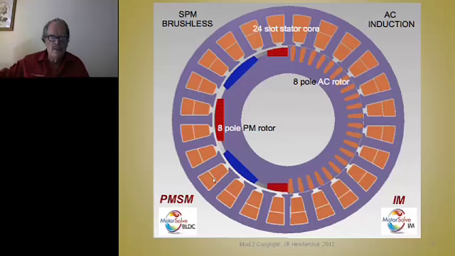So 4 bars are going to make a south pole, and the next 4 bars are going to make a north pole, just like you have the poles here. But the poles are not really there. They're created by the magnetic field that's in these teeth, or they're created by the magnetic field from these bars that links with the poles created in the stator.